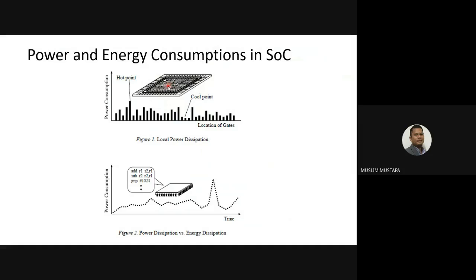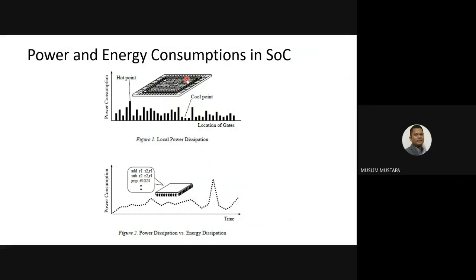We're going to have a lot of circuitry, but there are some points of the circuit that are going to consume a lot of power. For example, maybe a floating point unit. This part of the processor is going to do a lot of processing on floating points.